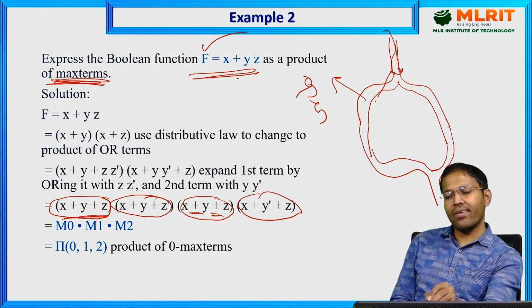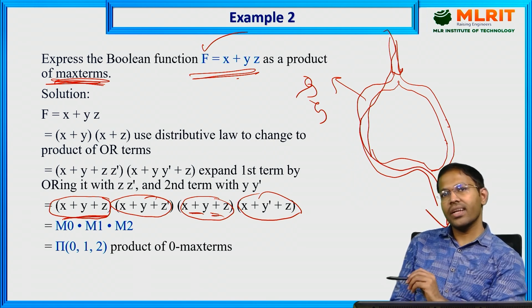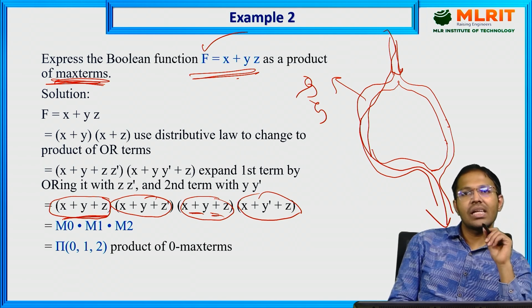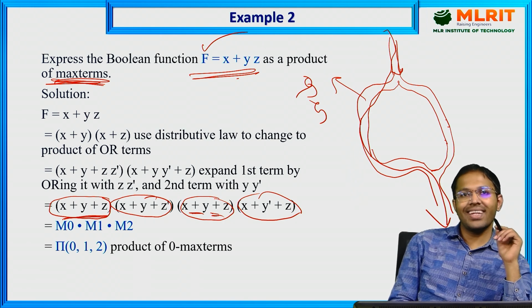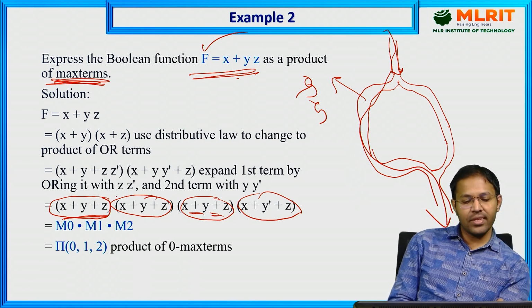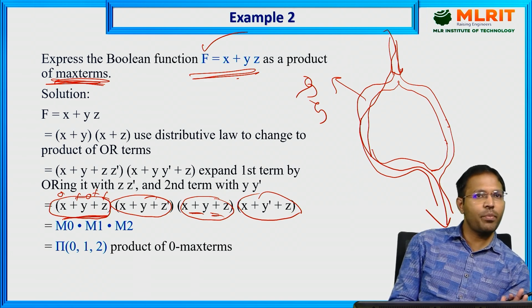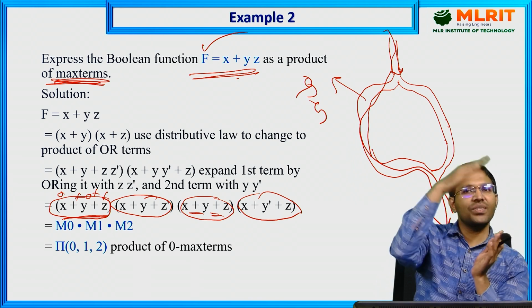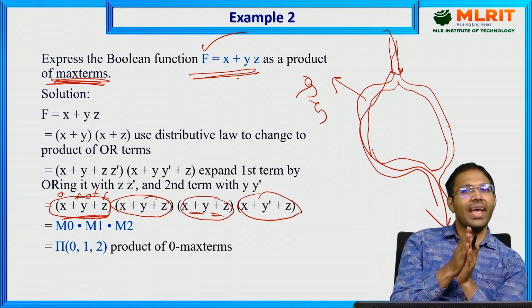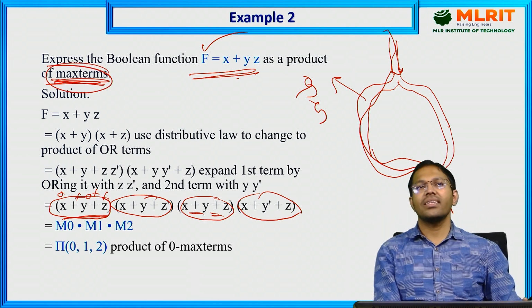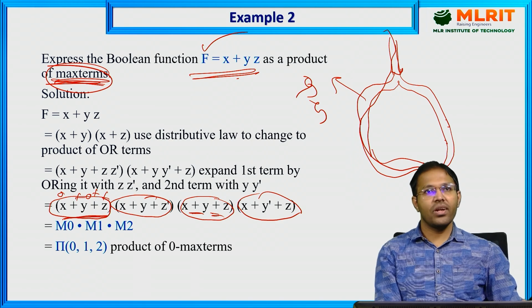Still you can travel on this path and go to your destination. If any one path is open, the output is true. So that is the reason. If suppose you have 0 plus 0 plus 1, x is 0, y is 0, but z is 1, the result is 1. Whichever is the maximum, that we are getting as the output, hence it is called max term, product of max terms.